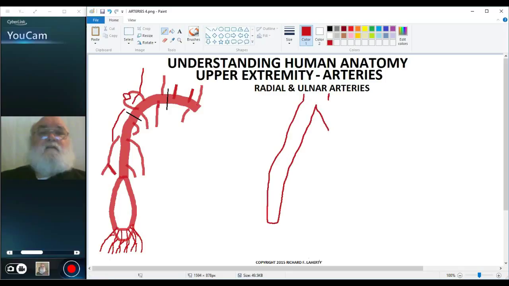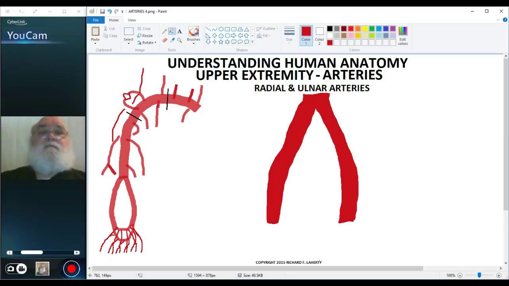And then the ulnar artery. And I'm making these bow quite a bit more than they would in reality to give us a little bit more space to fill things in. And we'll do the quick fill in.